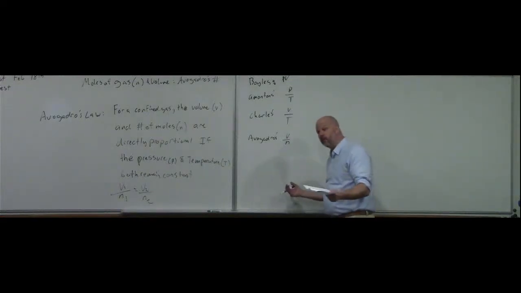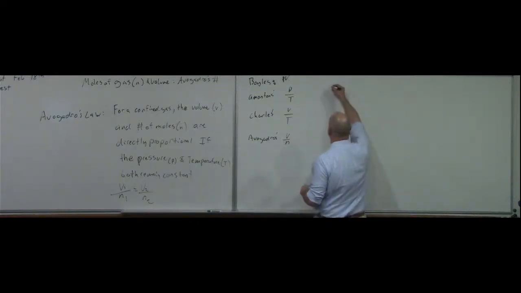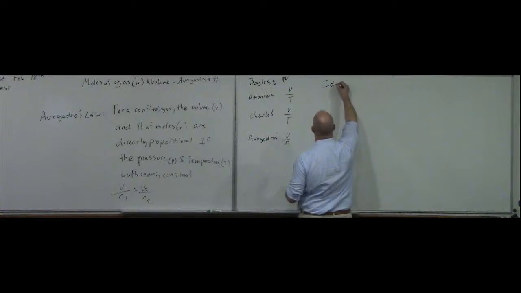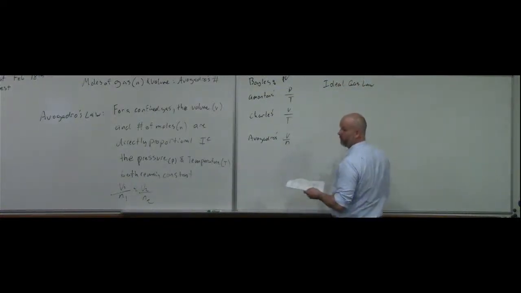Each one is useful, but sometimes it'd be nice if you just had one succinct law, and so we do. It's called the ideal gas law. We dealt with this one before. Remember?